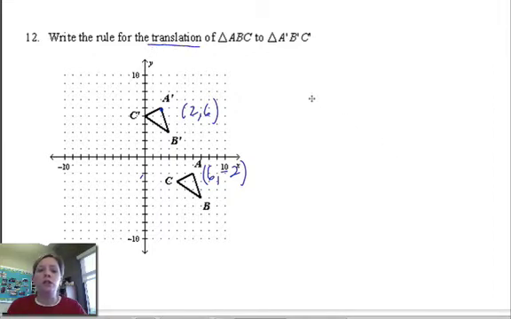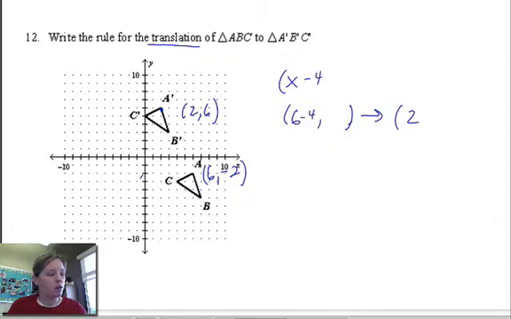So what did I do to my x values to take me from 6 to 2? What do I have to do to 6 to get 2? Well, I have to subtract 4. Right? Now what do I have to do to my y values?